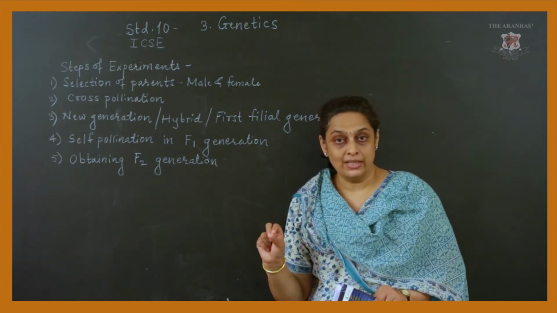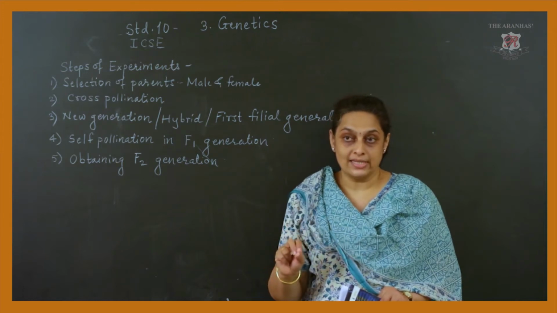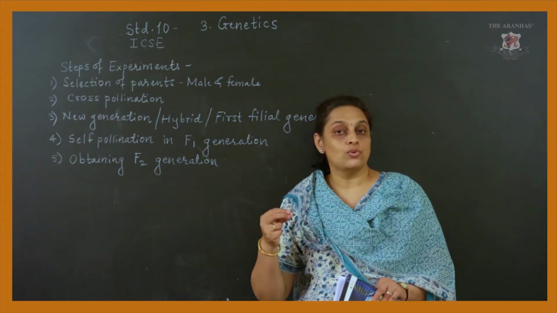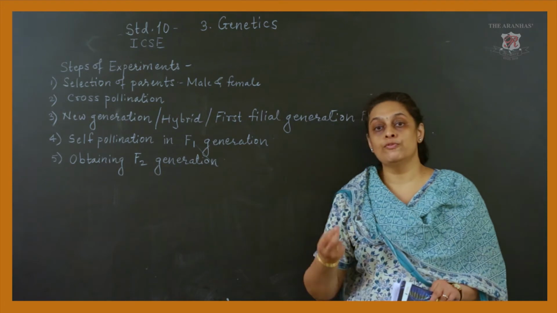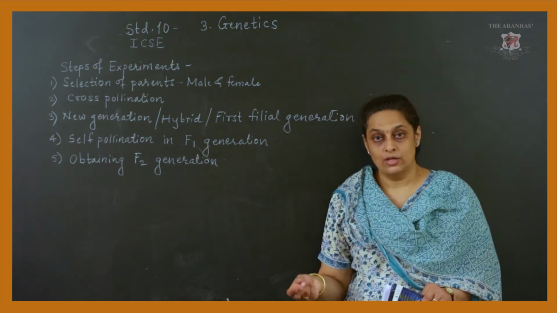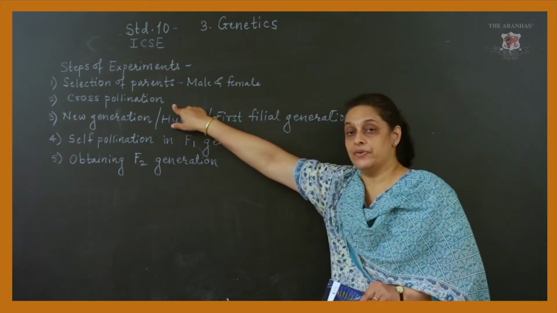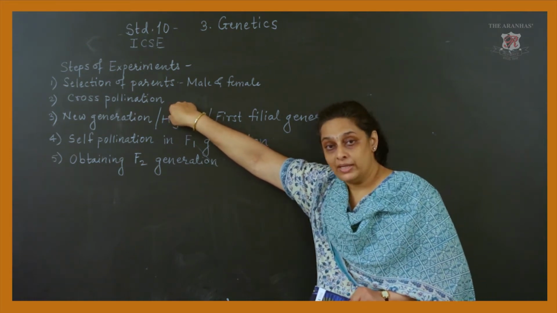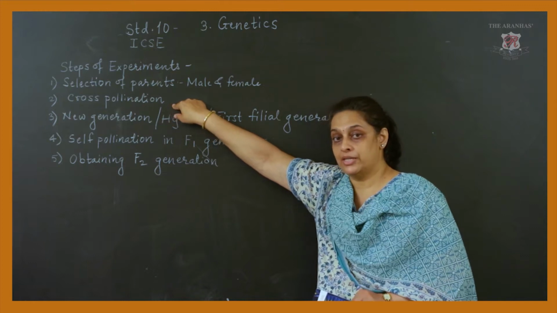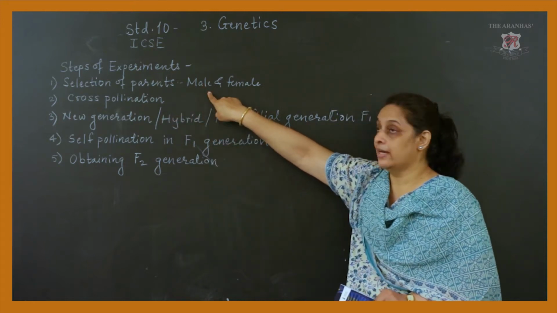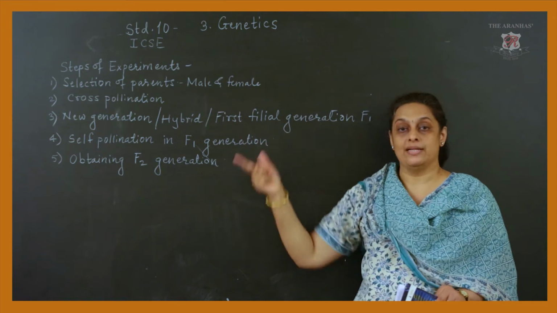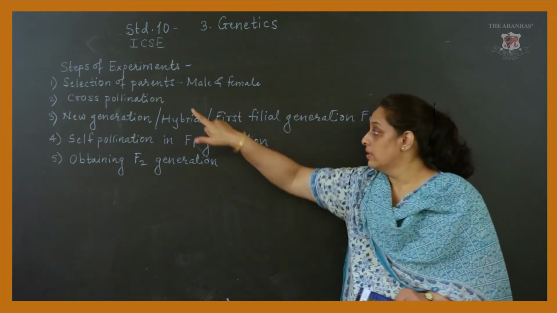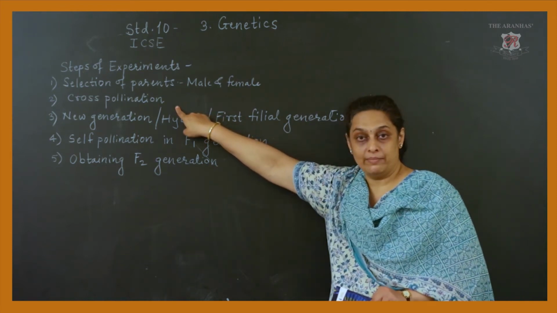Without pollination there is no fertilization, and if there is no fertilization, no fruits and seeds. So pollination is very important. But we call pollination cross pollination when there are two different plants. So cross pollination was done by Mendel.